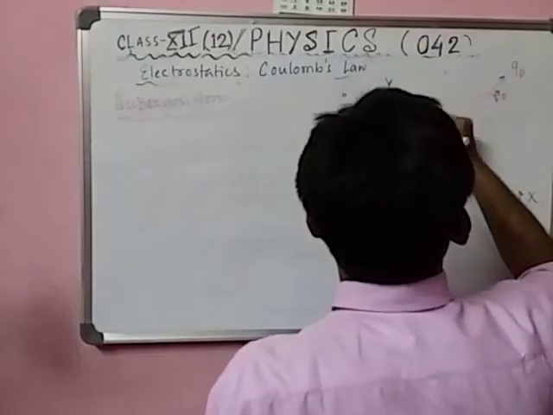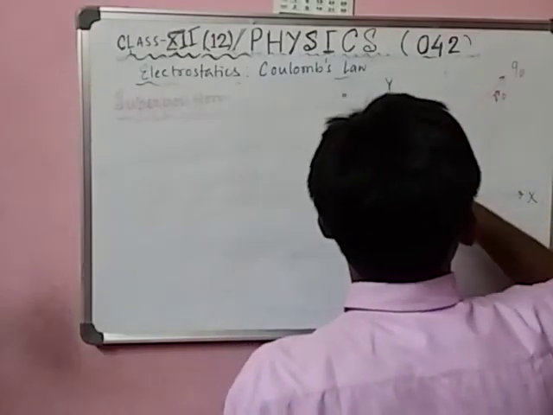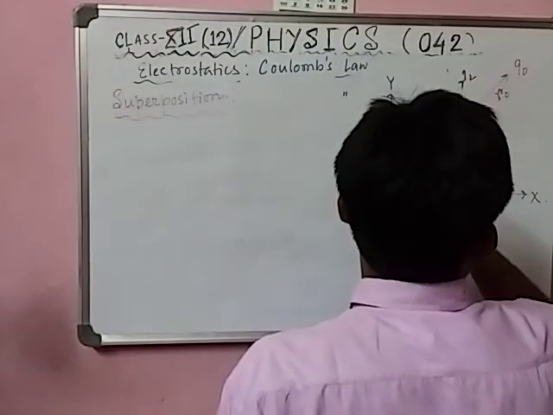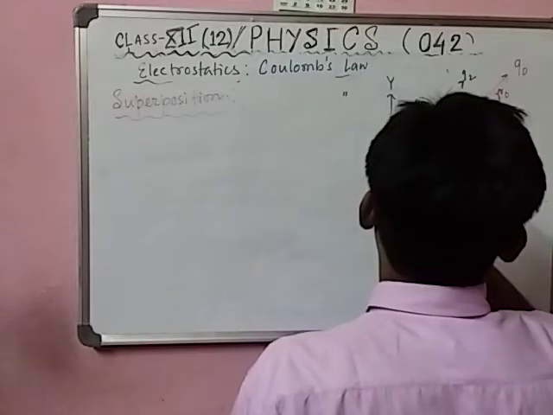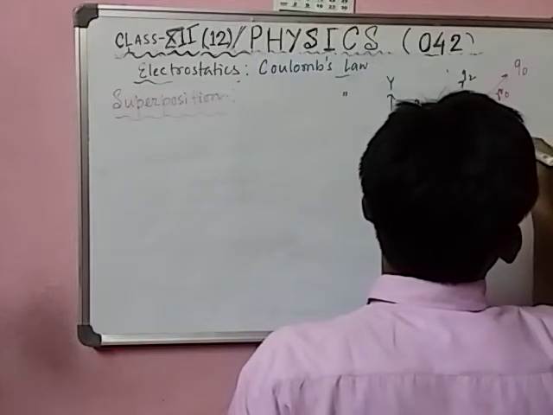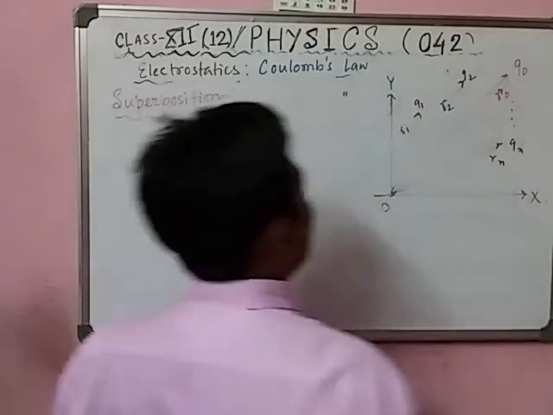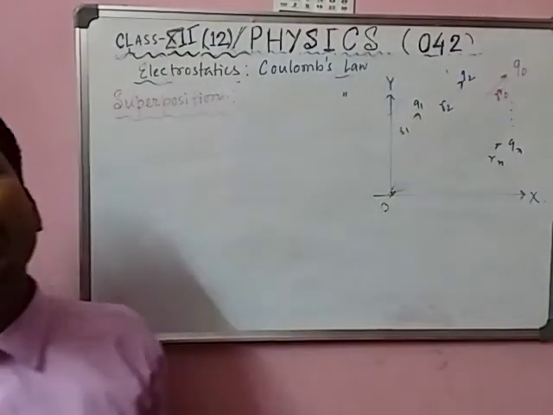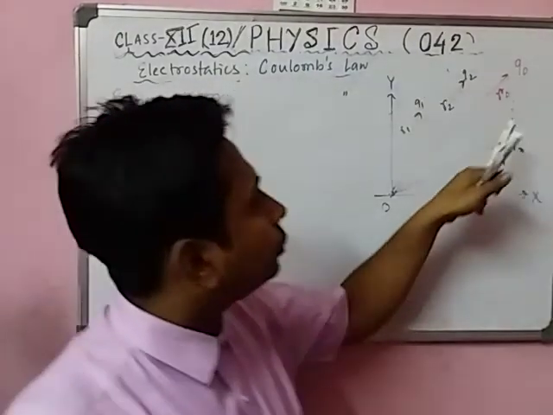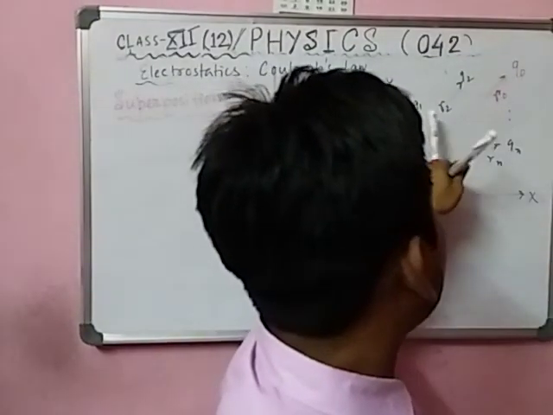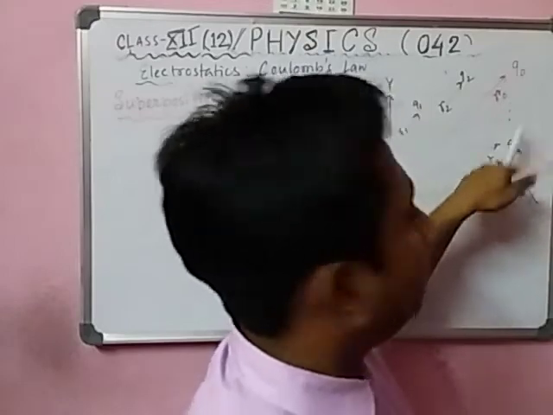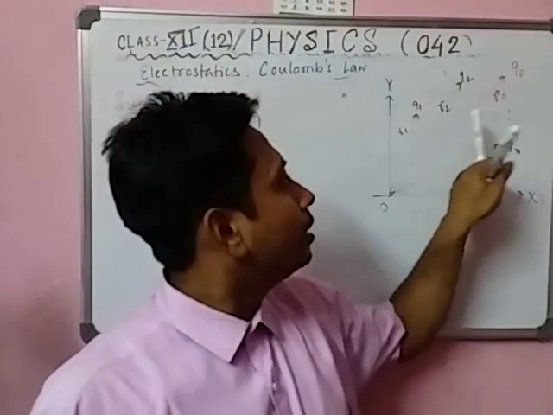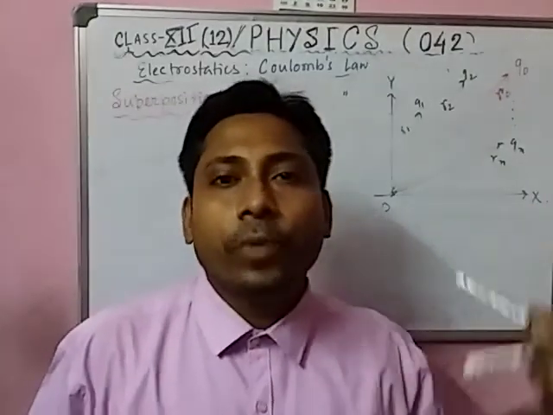Suppose at R1 distance there is Q1, at R2 distance Q2, at R3 distance Q3, at Rn distance Qn. So you have to find the force on Q0 due to Q1, Q2 and Qn.